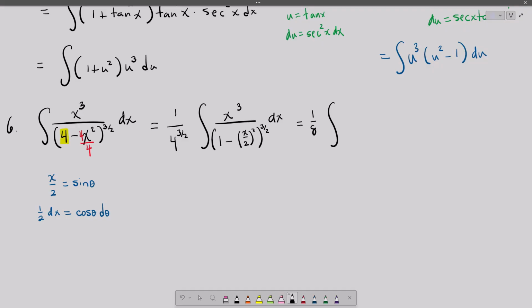From this equation, we see that x is going to be 2 sine of theta, and if we cube it, we're going to get 8 sine cubed of theta. So that's x. That's the x cubed part. Now dx. We look down here for dx. That's going to be 2 cosine of theta d theta.